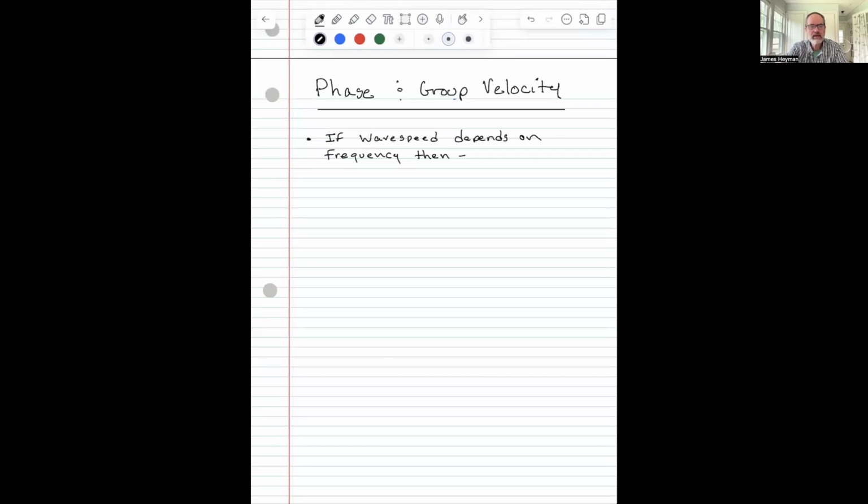All right, so we've just seen that if the wave speed depends on frequency, then a wave packet's shape will change as it propagates.